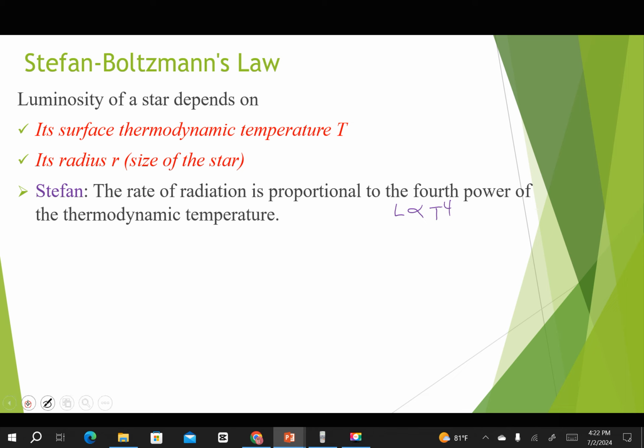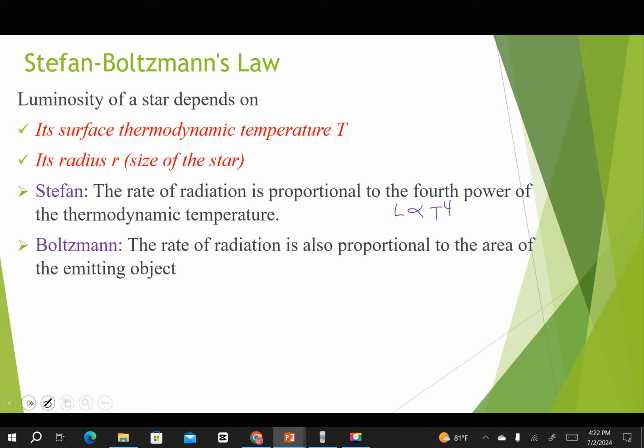On the other hand, Ludwig Boltzmann was interested in the relationship between the luminosity and the area of the object. His findings show that the luminosity, which is the power radiated by the star, was always directly proportional to the area of the object.